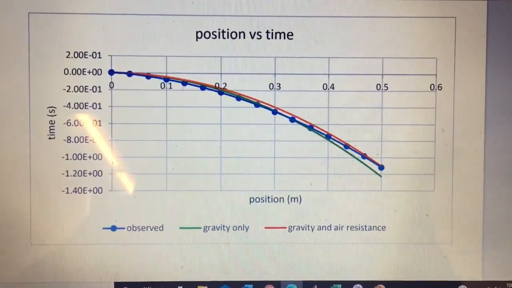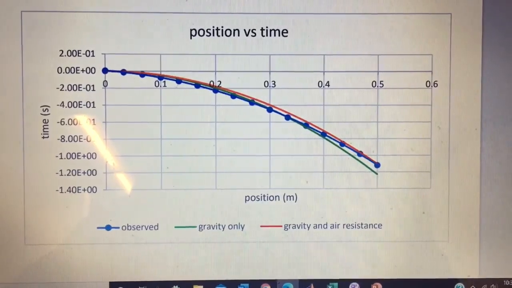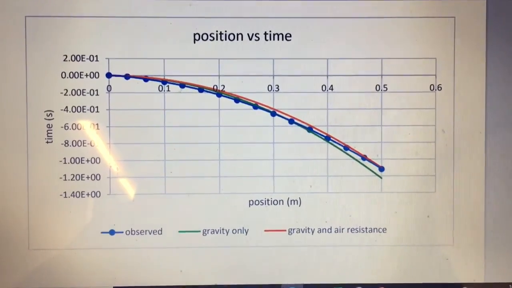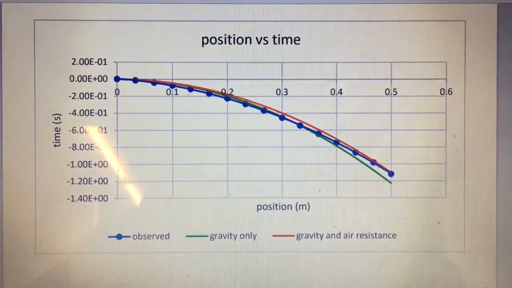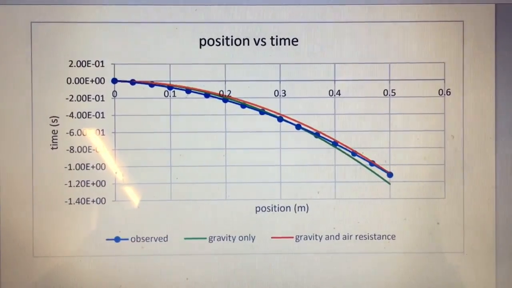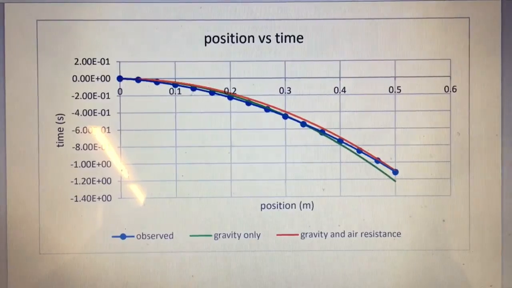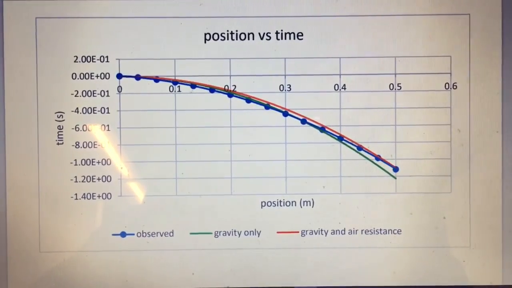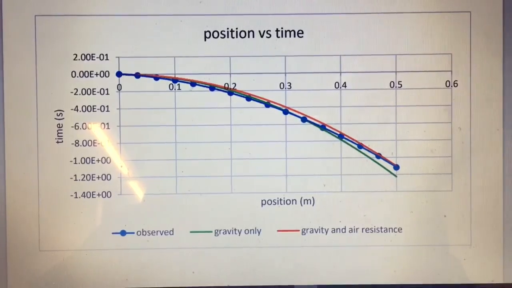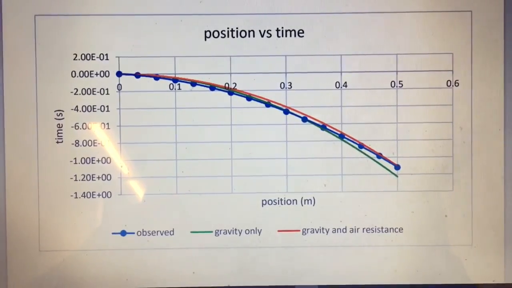The blue line is the observed motion, the green is the model with gravity only, and the red is with gravity and air resistance. As you can see, for the gravity and air resistance model and the observed, the final position is similar, and for the model with only gravity, the final position is different.